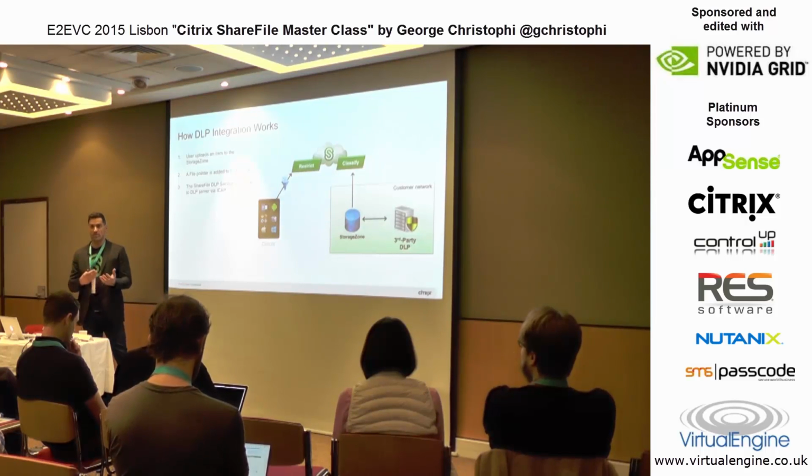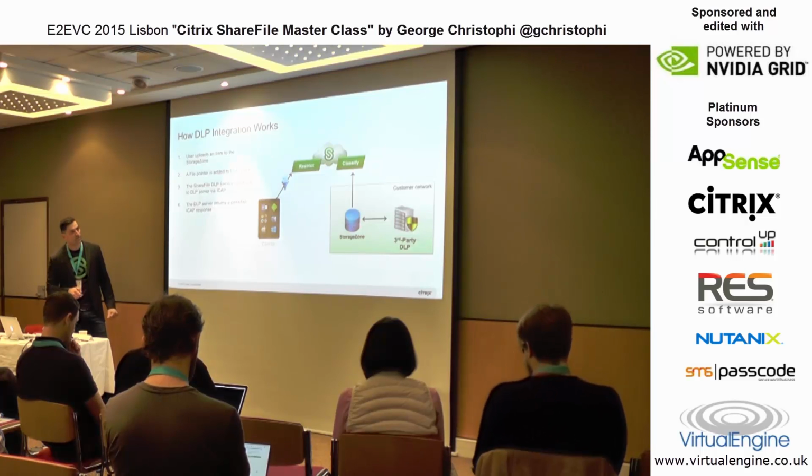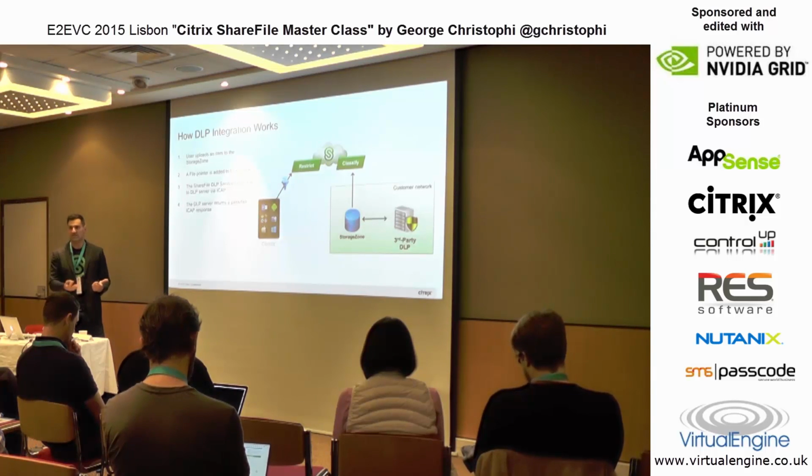There's only one or the other. If it's not being scanned and it's unscanned, it's just unclassified, and you can actually control what can happen there. So the DLP sends that back to the storage zone, and the storage zone sends that classification of okay, restricted. It doesn't send anything for unscanned, and then we can control the policies of how that gets shared.